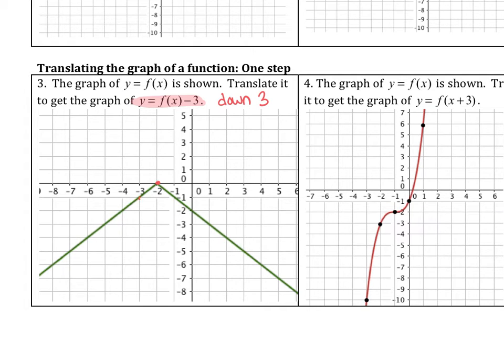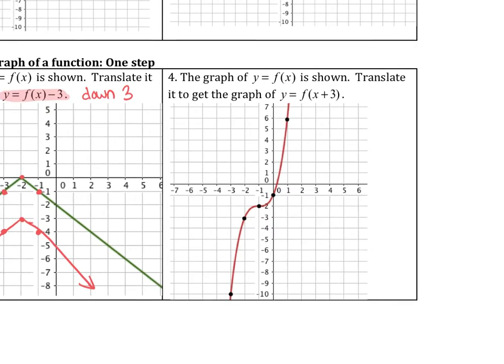So if I pick 3 points on this graph right here, I'm going to move all those 3 points down 3 notches. So I'm going to go 1, 2, 3 down, 1, 2, 3 down, and 1, 2, 3 down. And I'm going to make my new points and make my new translated graph. Okay, so that's what that one would look like.